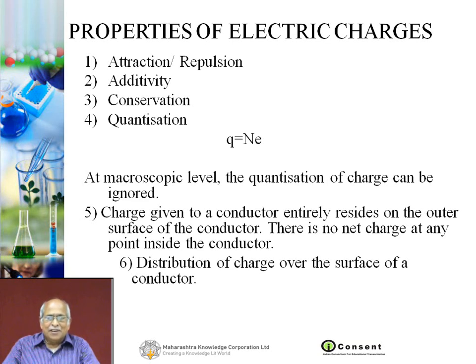If we have charges Q1, Q2, Q3, etc., total charge of the system will be Q1 plus Q2 plus Q3 and so on. This of course means that charge is a scalar, similar to mass. M1 and M2 masses put together, total mass is M1 plus M2. Similarly, charge Q1 and charge Q2 taken together, total is Q1 plus Q2.